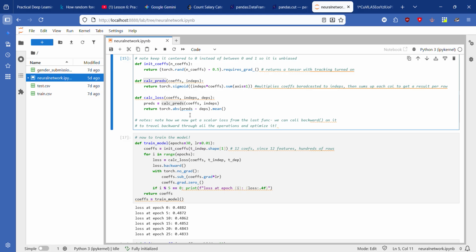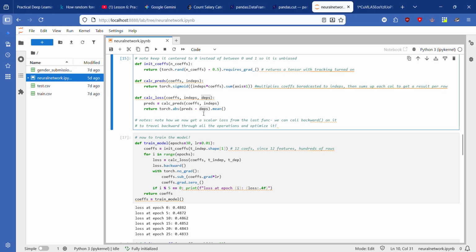I did make a mistake here. I want to backtrack to the calcpreds really quick. I said that we collapsed each column, but in reality, I should have said that we collapsed each row into a single value. I apologize for that. We collapsed each row, which represents a single passenger, into a single value, and then we would have 800 something collapsed values, and we would compare that to the actual dependent row, which is the survived row.